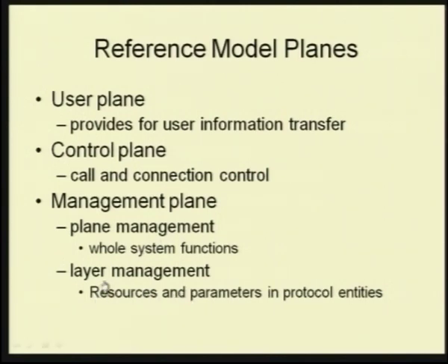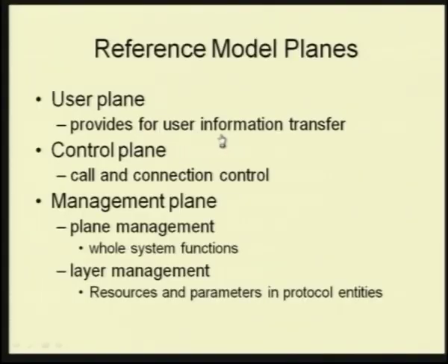When we talk of layer management, what we essentially mean here is the different resources and parameters in the protocol entities, how they need to be managed. All these are taken care of by the management plane. So, the user plane is meant to provide user information transfer, the control plane takes care of call and connection control, and the management plane provides both plane management and layer management functions. So, these are the various functions that need to be handled in the different planes.